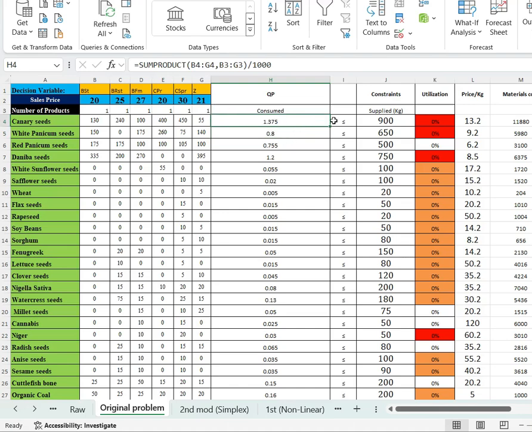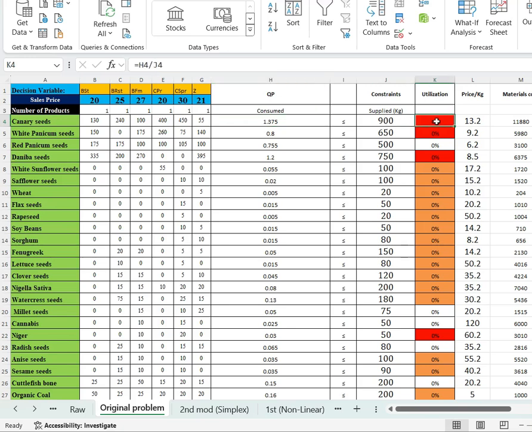This number consumed must be less than or equal to the amount of raw materials that I have monthly. So this number cannot exceed 900 and this cannot exceed 650 and so on. All right. So the amount consumed must be less than or equal to the amount I have. This is what we call the capacity constraints. Okay.